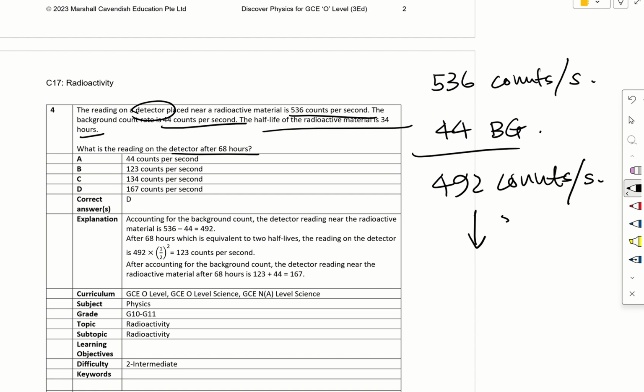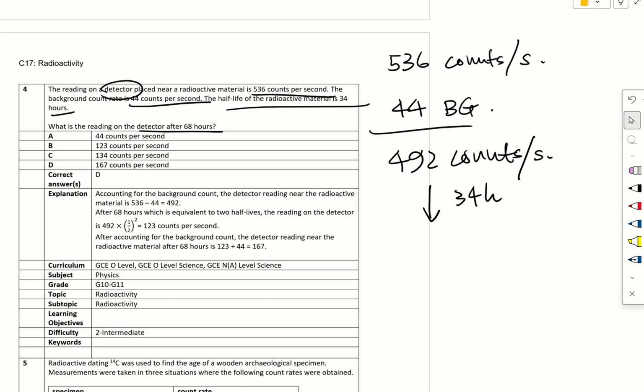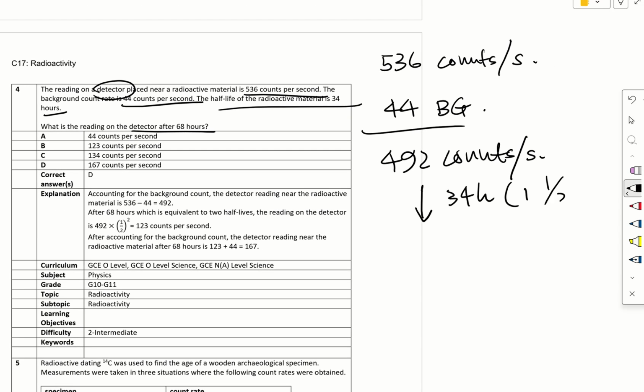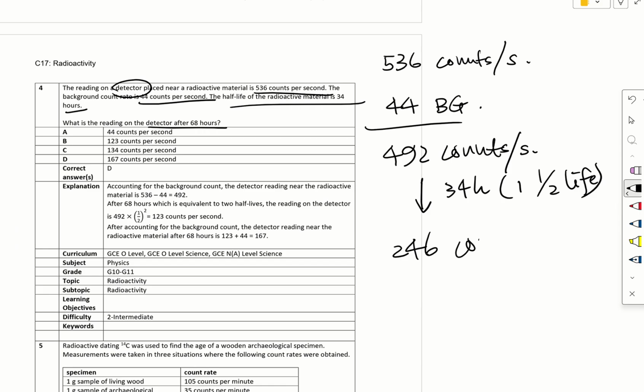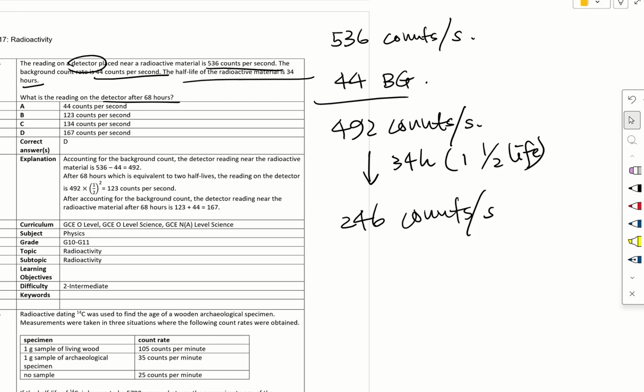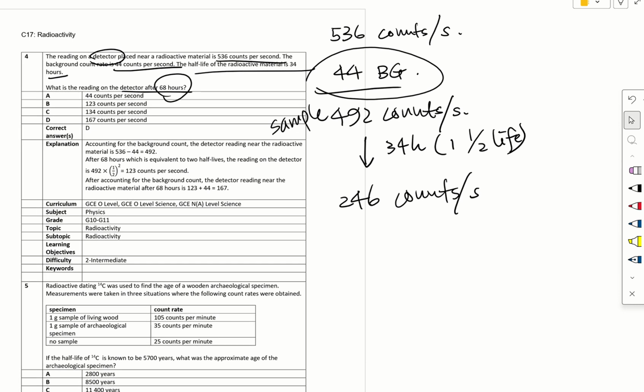So after 34 hours, after one half-life, it will be 246 counts per second. Okay, this is for the sample. But because they want us to find the reading on the detector after 68 hours, and we always have this 44 background count, I will do one more half-life of 34 hours.